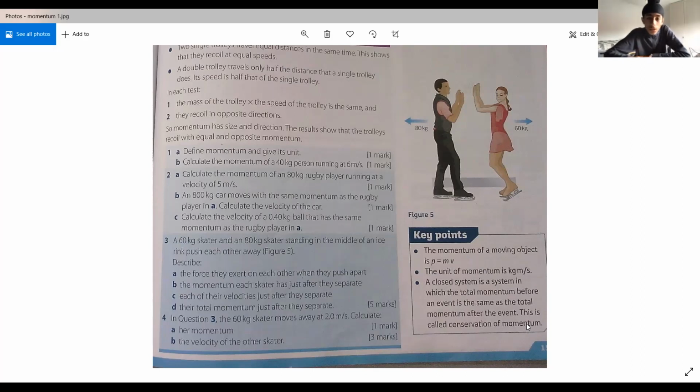Wait, did you say number two? Yes, number 2, correct. Just checking. A, B, and C.